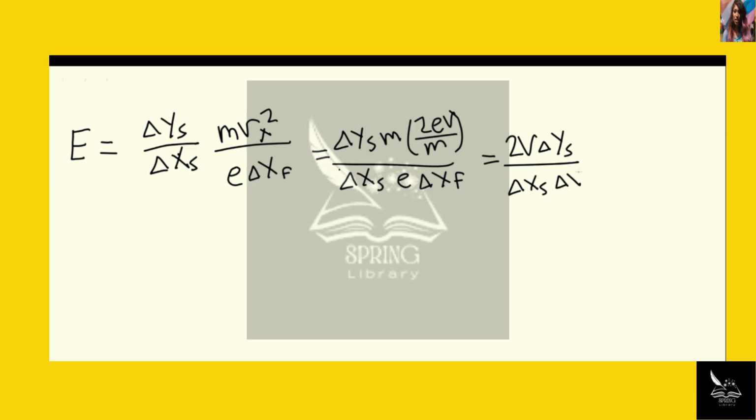Here the delta x is the delta x of the screen, and this delta x is the delta x of the field. So here we can start plugging in our numbers.